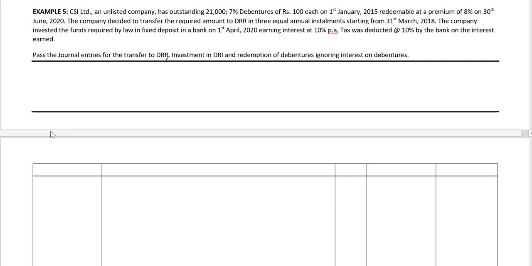Let's calculate the amount of the DRR which is required. Amount of DRR is equal to 10% of the face value, and that is 10% of rupees 21 lakh, which comes up to rupees 2 lakh 10,000.